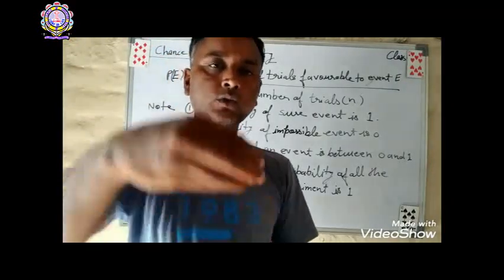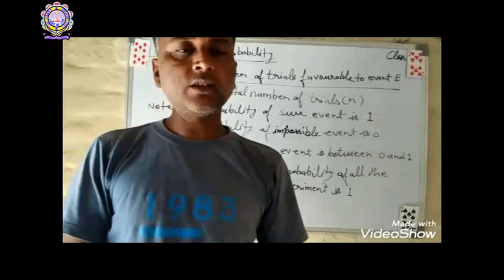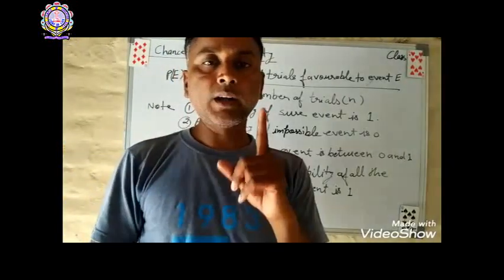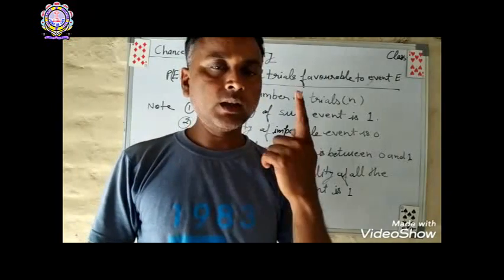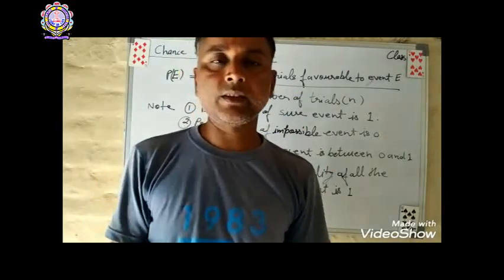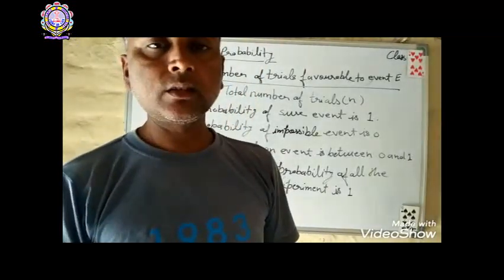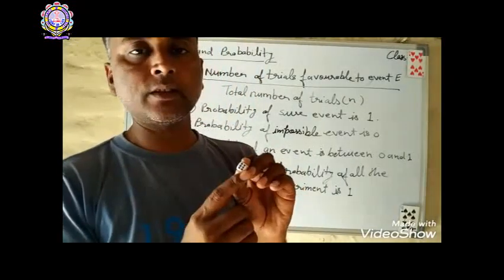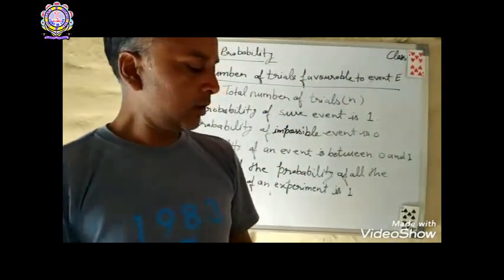If we roll once and ask how many chances to come 1, that is 1 upon 6, because there are 6 faces. And what is the chance to come 6? The 6 also has 1 face. So it is 1 upon 6.